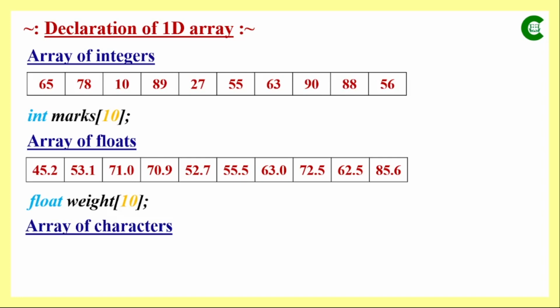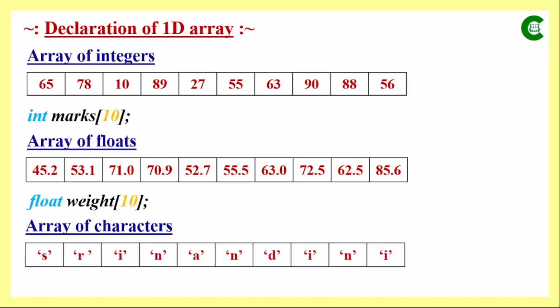Now this is an example of an array of characters or string, and this is storing the name of a particular student. Suppose the maximum size we have declared is 10. Then we know that in case of a string or array of characters, we need to allocate one more byte just to store the null character or the terminator of that array, which tells the compiler that this is the end of the string.